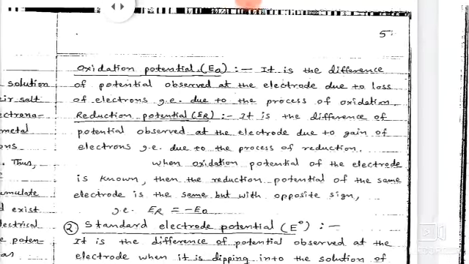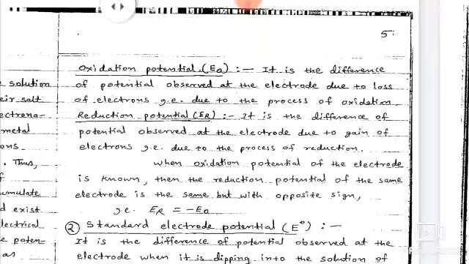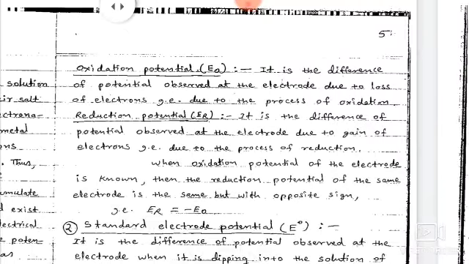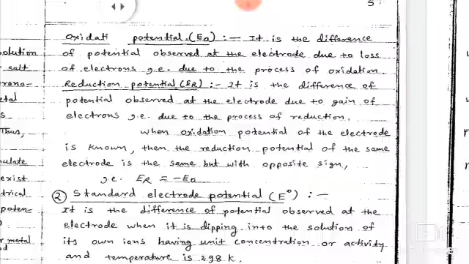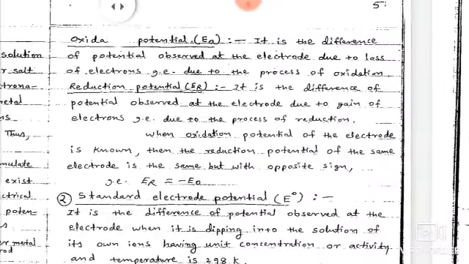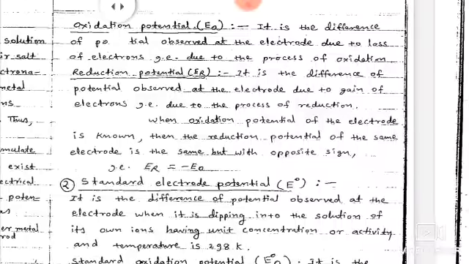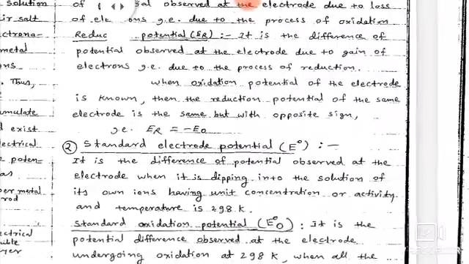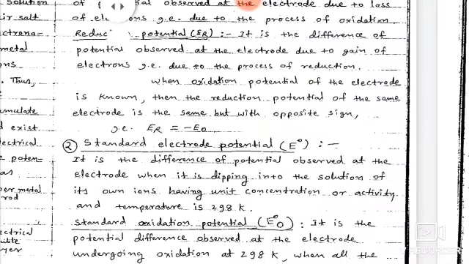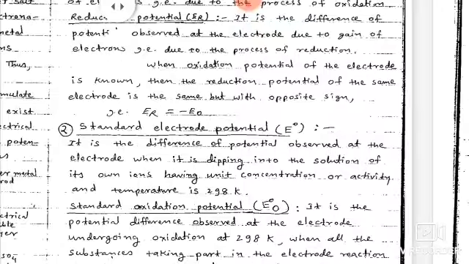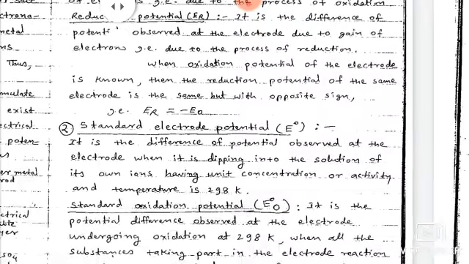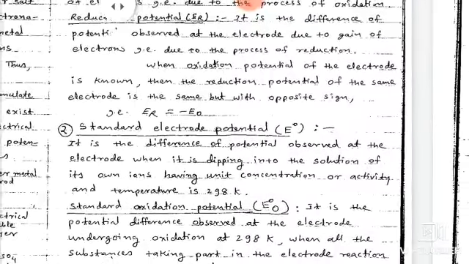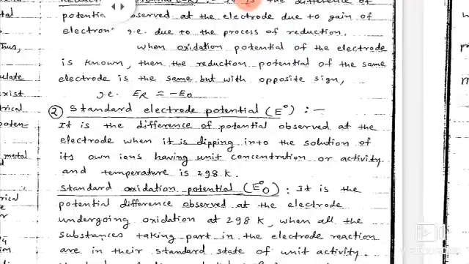When the oxidation potential of the electrode is known, then the reduction potential of the same electrode is the same with the opposite sign. So E reduction is equal to minus E oxidation.